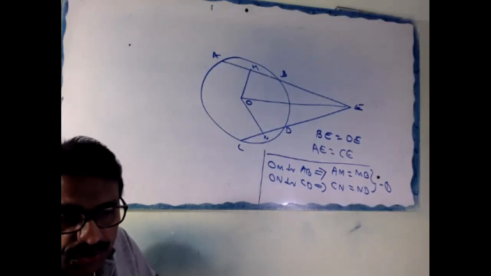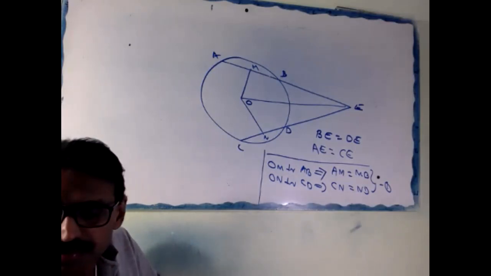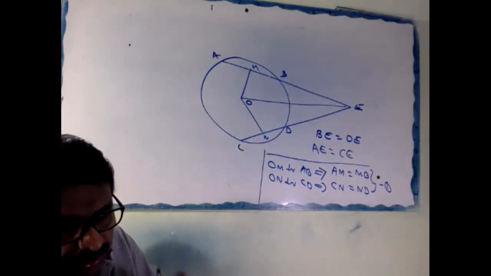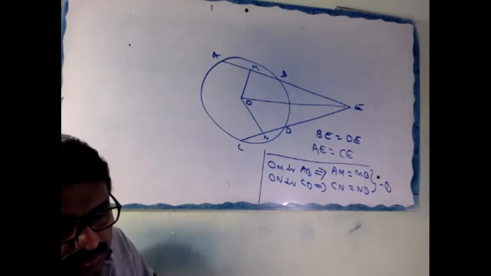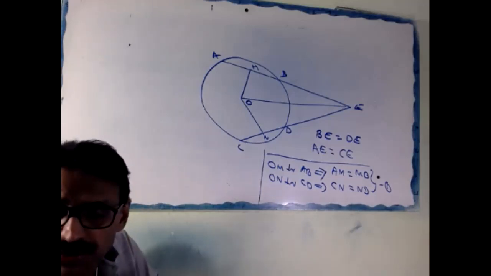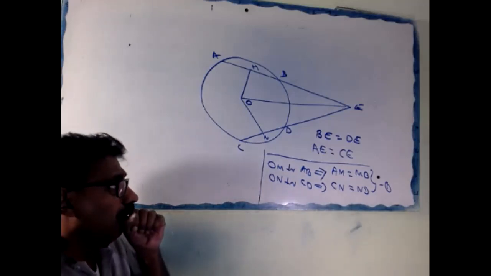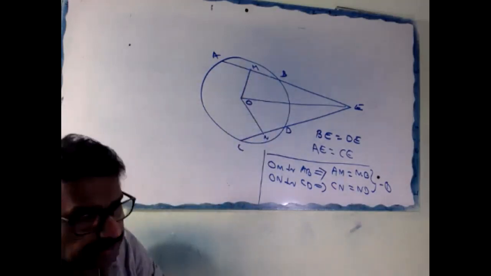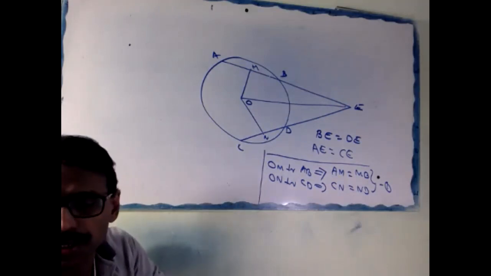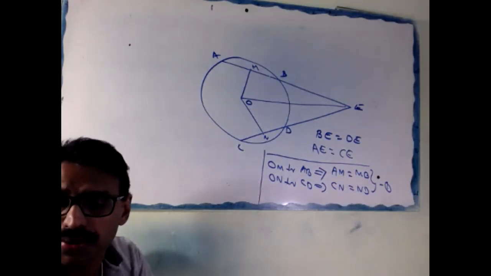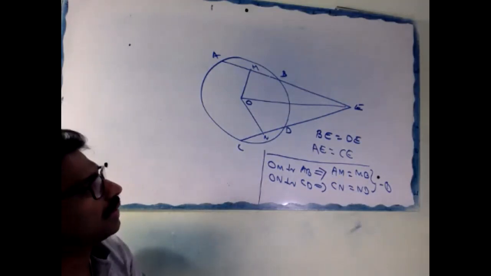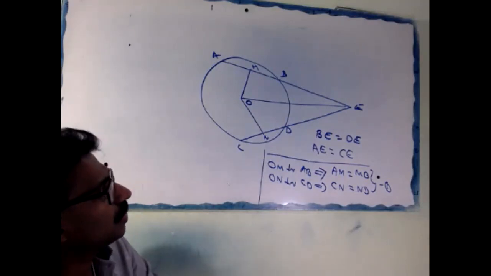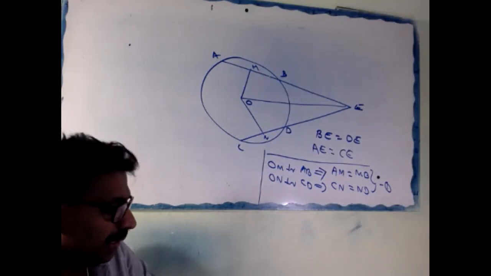Yes, the chords are equal because AB equals CD, and equal chords are equidistant from the center. Angle M equals angle N, 90 degrees by construction. OE equals OE, common. Therefore, triangle OME is congruent to triangle ONE.